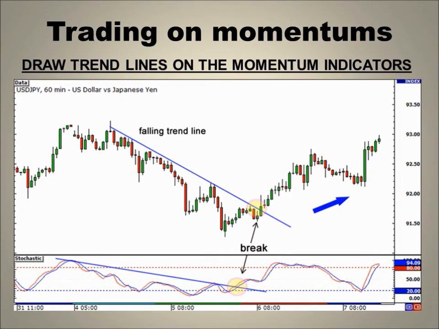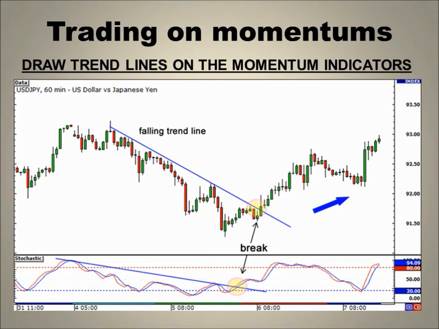Okay, so we're going to learn how to draw trend lines on the momentum indicators. Here we have a falling trend line and we've drawn it on the candlestick chart. Now, we're going to draw the trend line on the indicator. So, just like on this downtrend, we've connected the highs. We're also going to connect the highs on this indicator as well.